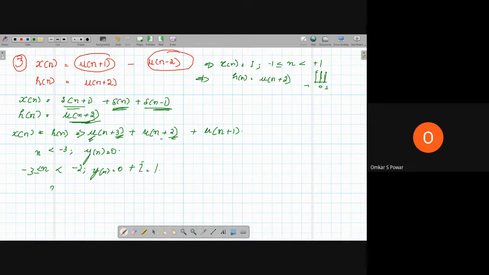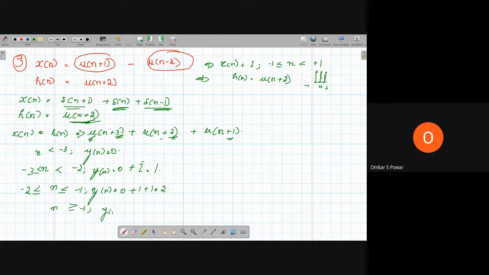So 1. And n varies from minus 2 to minus 1: y of n is equal to 0 plus 1 plus 1. So this is 2.